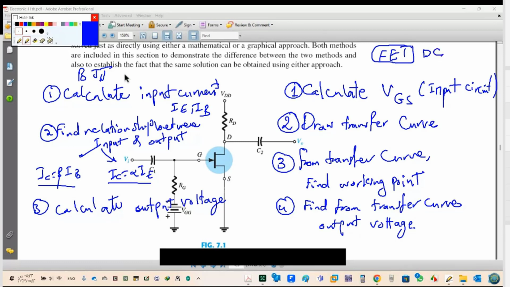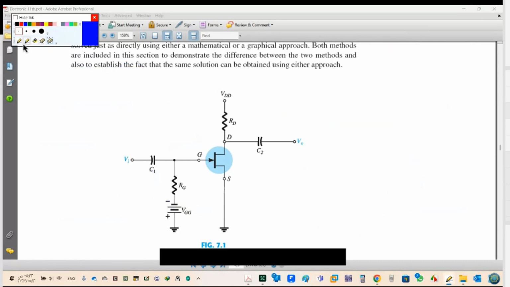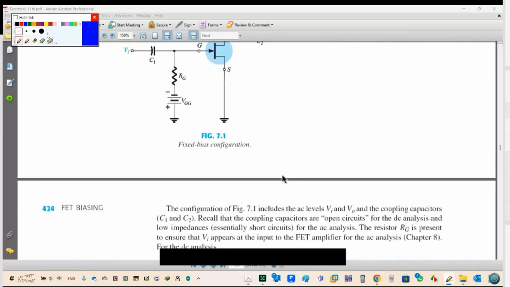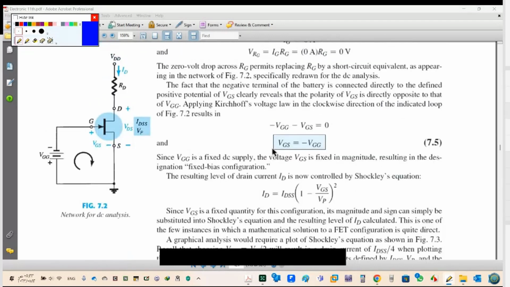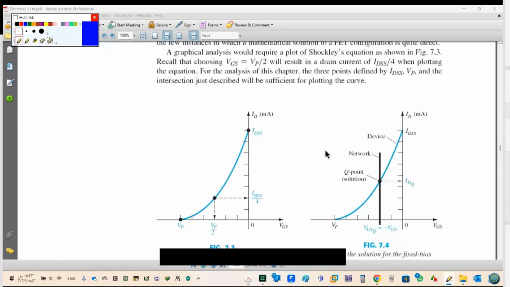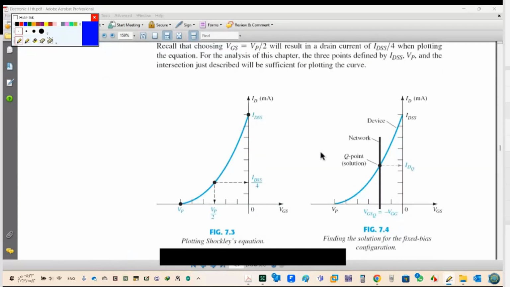We said this is BJT DC. Now, VGS equals minus VGG. Now I want to draw.